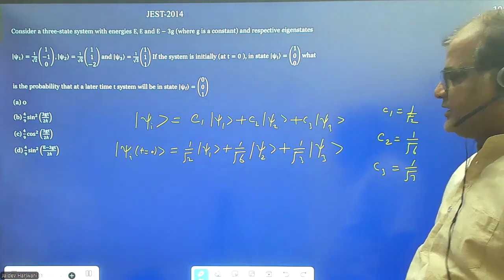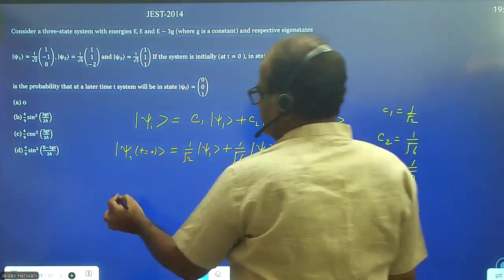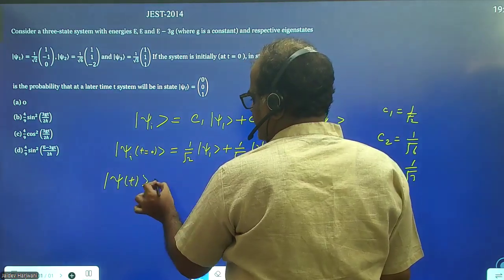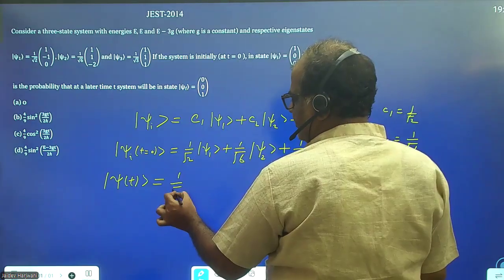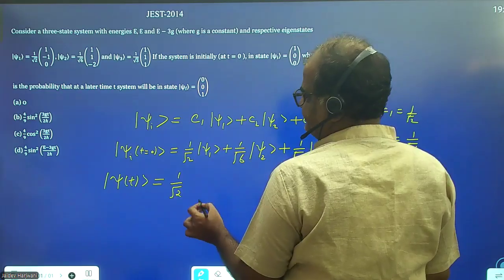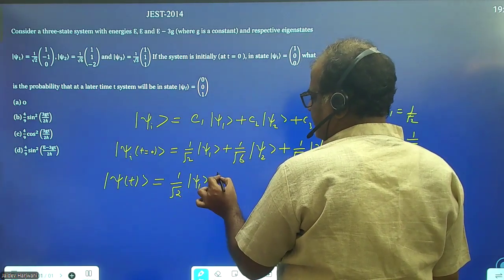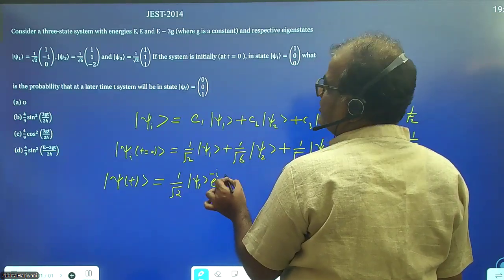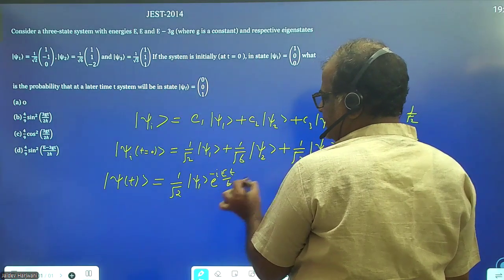Now I have psi at t is equal to 0. Now I want to write psi t. For each state individually, I have to apply the time evolution operator. That will be psi 1 e power minus i times Hamiltonian, which is energy E, t by h cross.